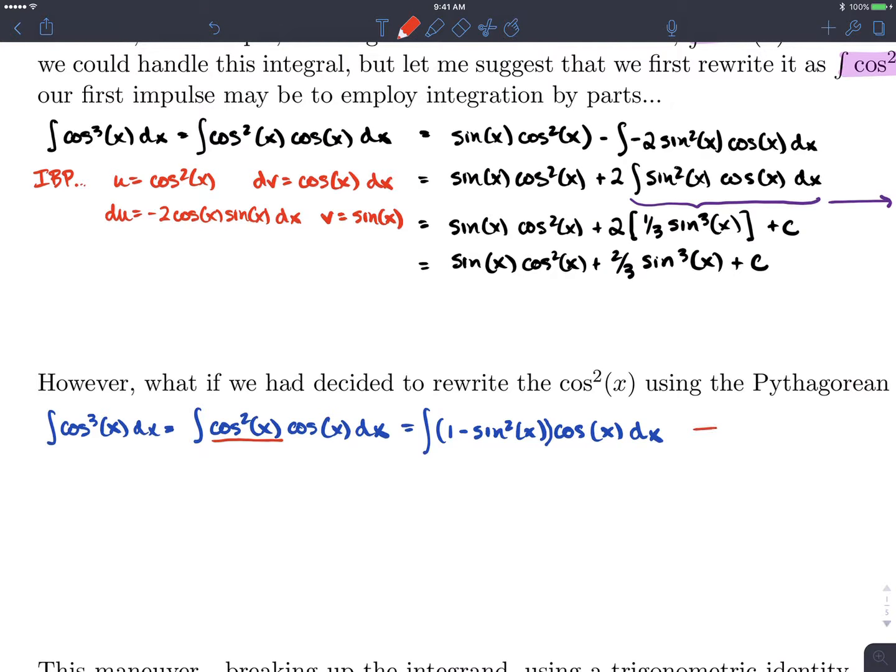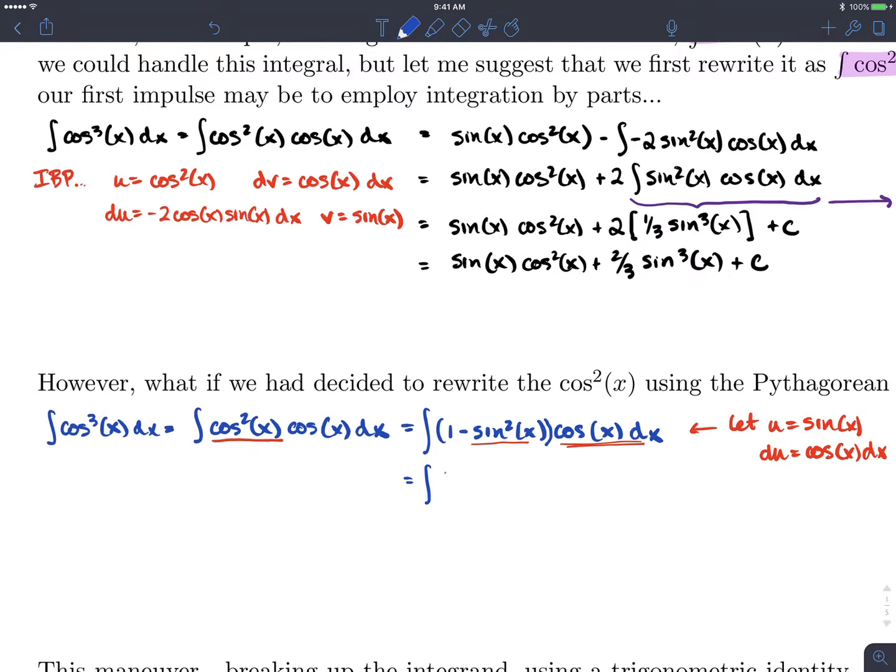If we let u equal sine of x, that would mean that our du is cosine of x dx. Well, here's our u, here's our du right there.